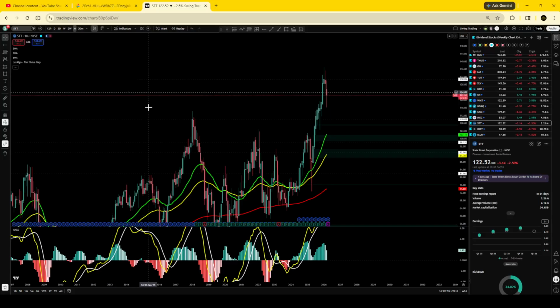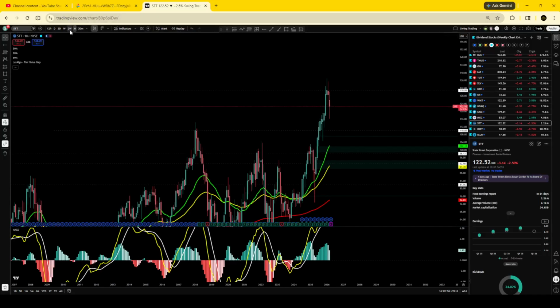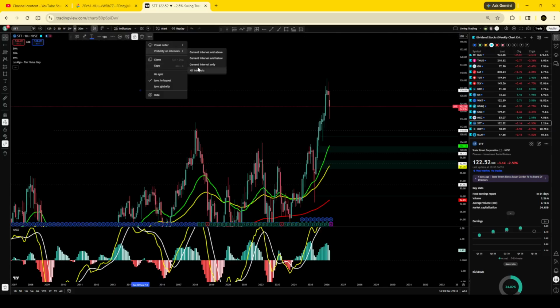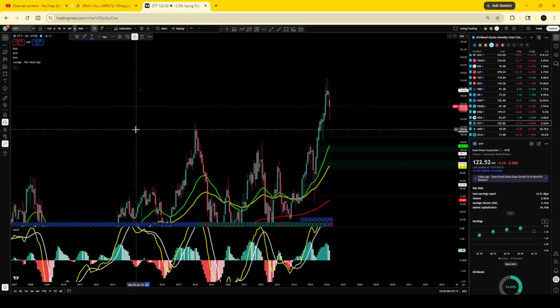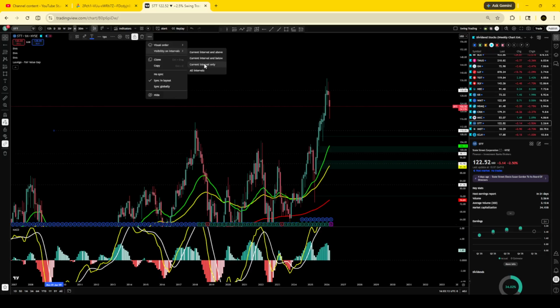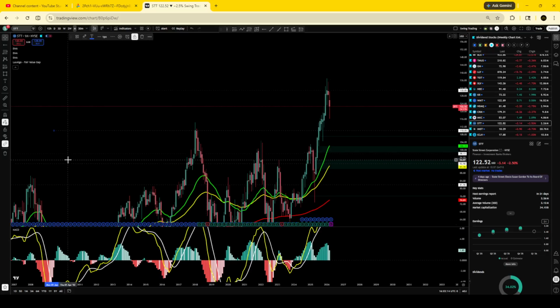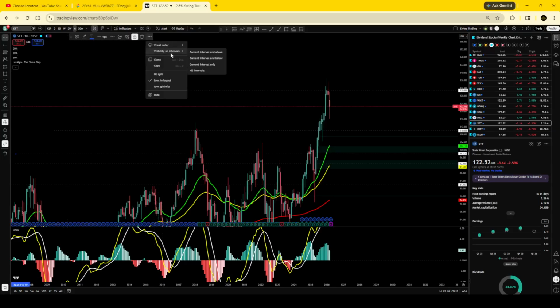And I let the monthly show on all time frames. Let me lock these and let them show on all time frames. Because what that's going to show on the smaller time frames is that now they can be a take profit area.